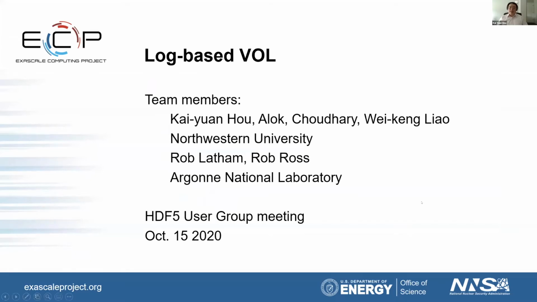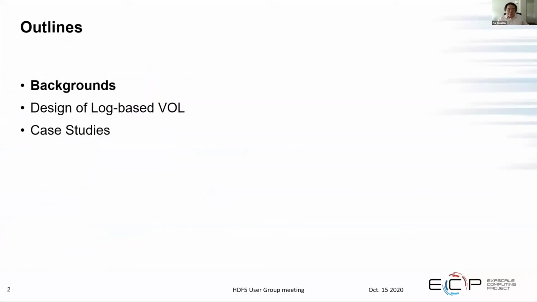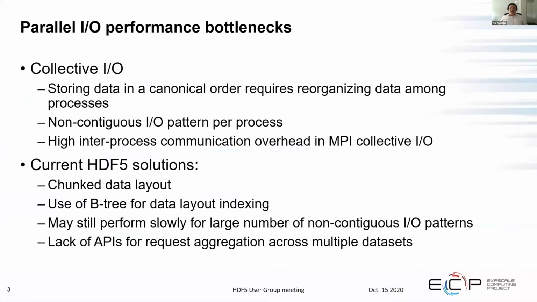It's a part of an ECP project. We are doing a log-based VOL. The reason we started this project is we observed some performance bottleneck in parallel I/O in HDF5.